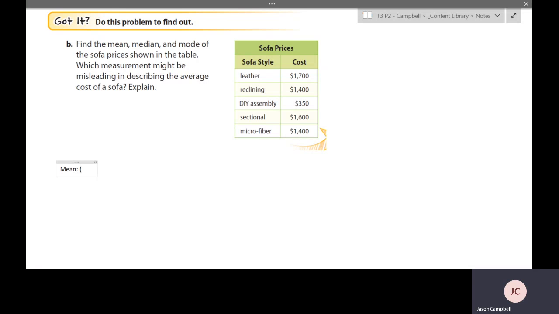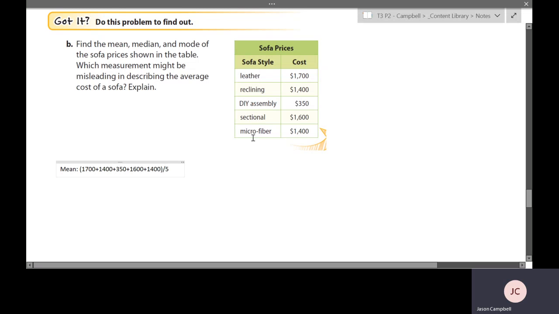So we have a $1,700 leather sofa, a $1,400 reclining sofa, a $350 do-it-yourself assembly sofa, a $1,600 sectional, and a $1,400 microfiber. And if we add all those up, we want to divide that number by 5 because that's how many items there are total. So our mean is $1,290.